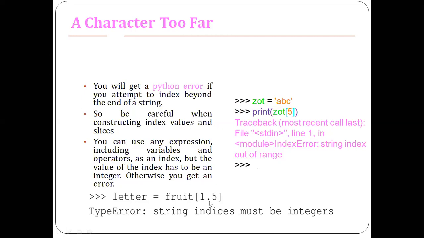So two things you're supposed to remember: one is the range of the index, you should not go beyond the boundary of the string, and the index value must be an integer, right?